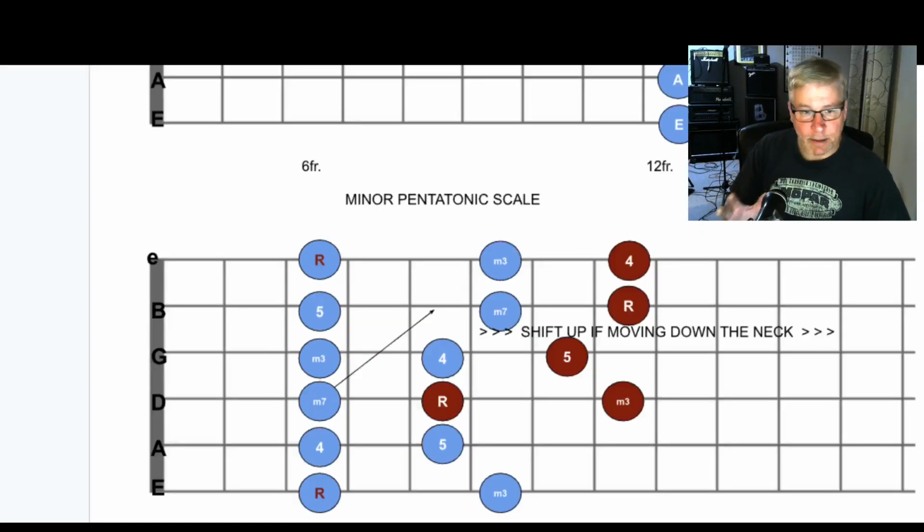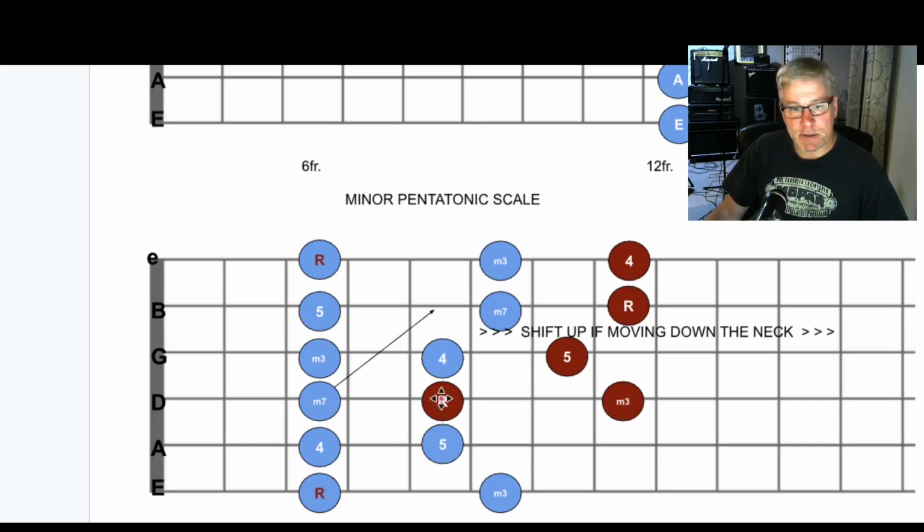So as a guitar player, rather than focusing on home being this K-shaped box that we can't escape out of, what we want to do now is start focusing on these root notes and what's around them. So on top of a root is a perfect fourth. 2 frets over on the next string is a perfect fifth.